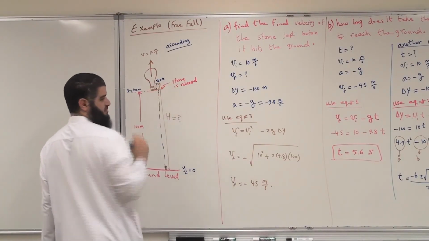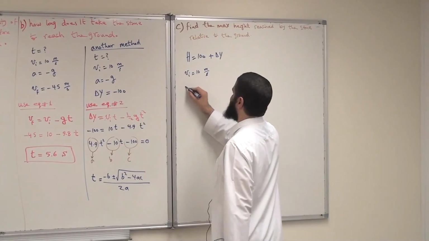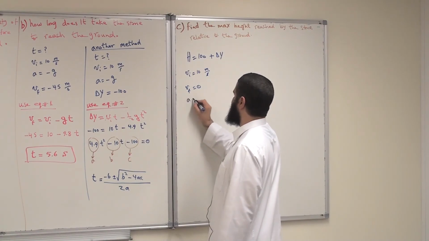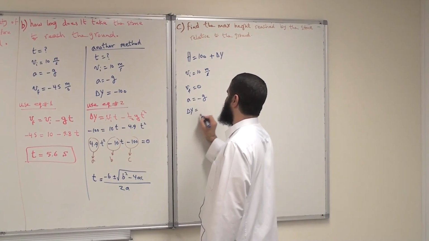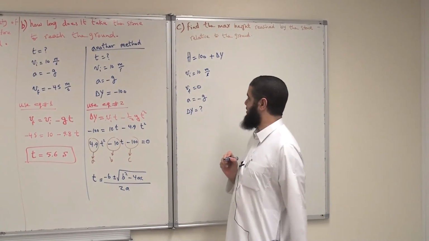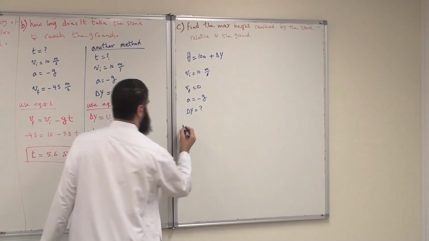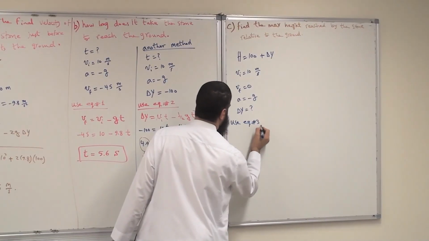It will be 0. It will reach maximum height when its v final is equal to 0. And we know that the acceleration is minus g, and we would like to know what is delta y. So from here, we will use kinematics equation number 3.